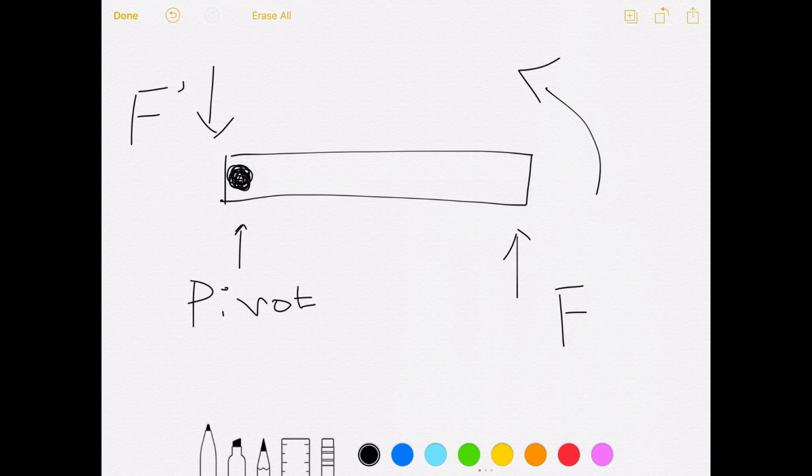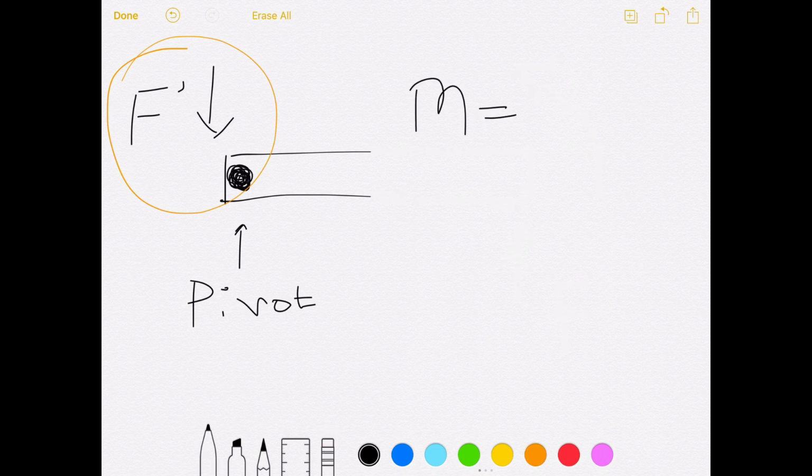Now if you calculate the moment of force of reaction at the pivot by using the formula M equals magnitude of the force multiplied by the perpendicular distance from the pivot to the line of action of force.